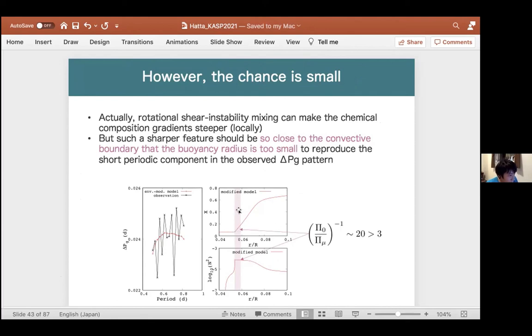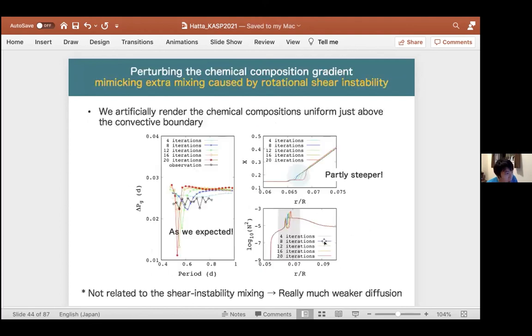If the rotational shear instability occurs, it is so close to the convective core that the buoyancy radius of the sharp feature is not large enough. We can confirm that by again computing perturbed models based on the scheme.